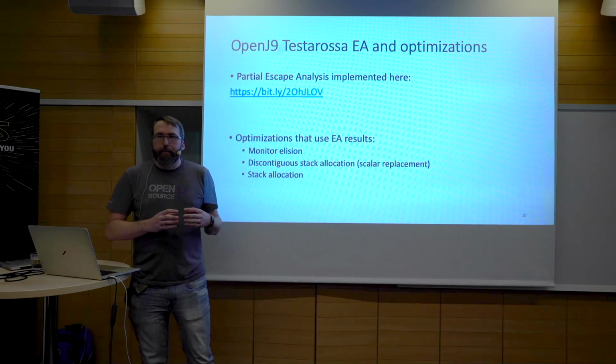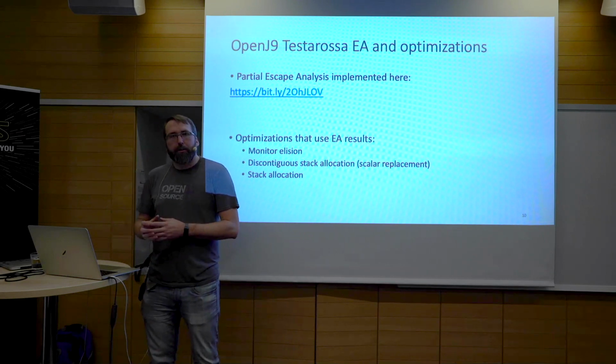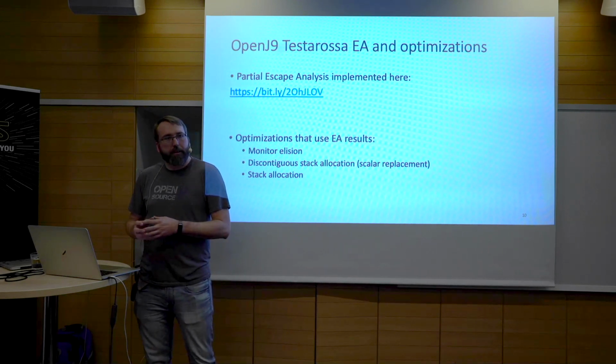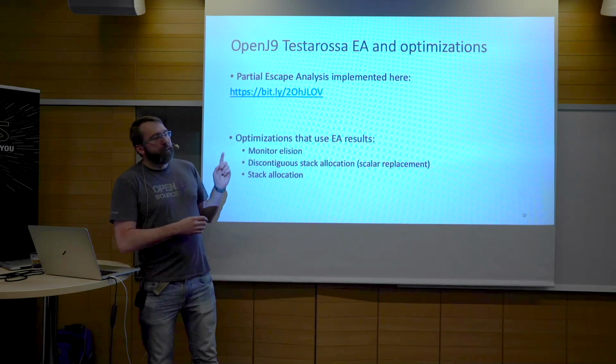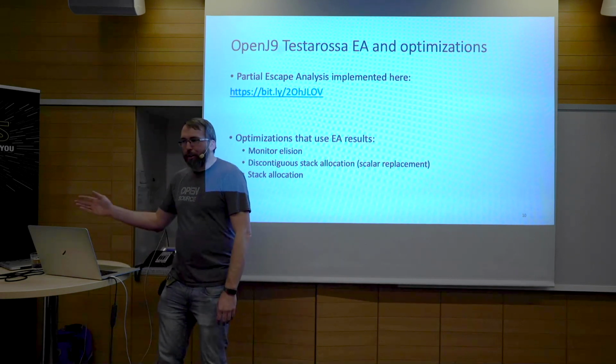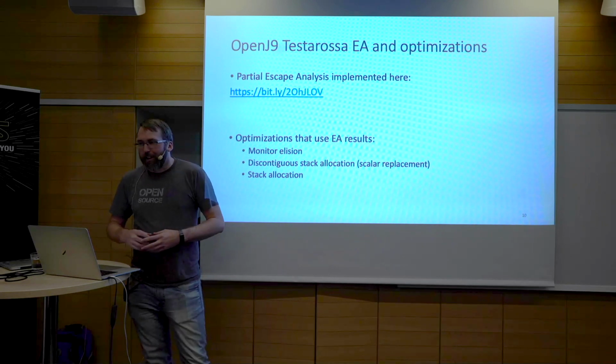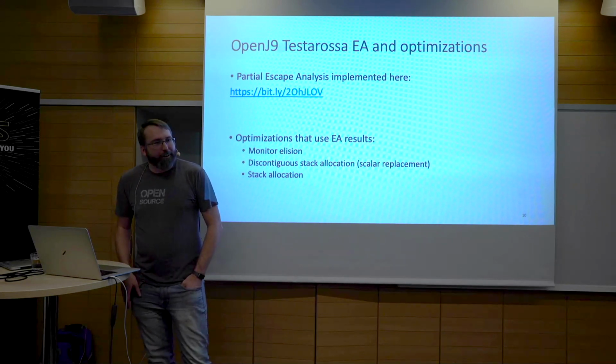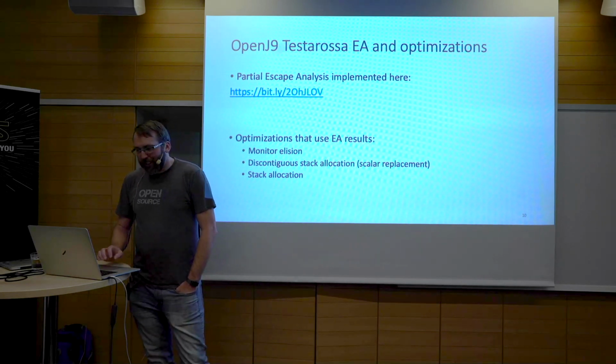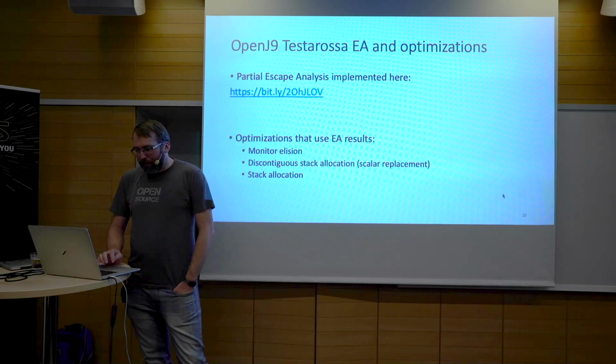There's no interesting paper on how J9 does their partial escape analysis, but there's a link that goes to the code. I don't recommend reading it for an afternoon, but if you really want to know how it works, go dig into that very complicated C++ code.